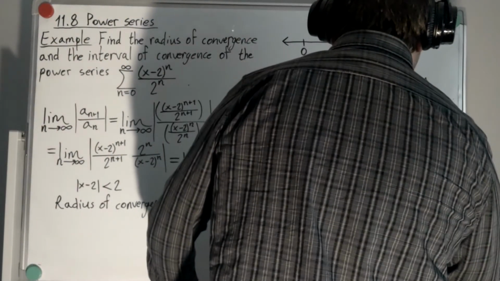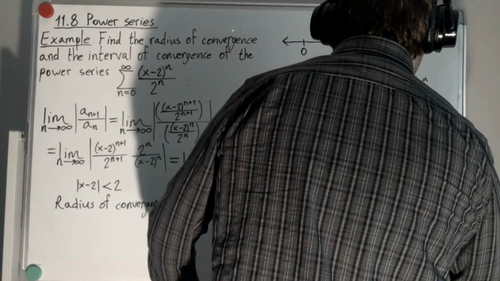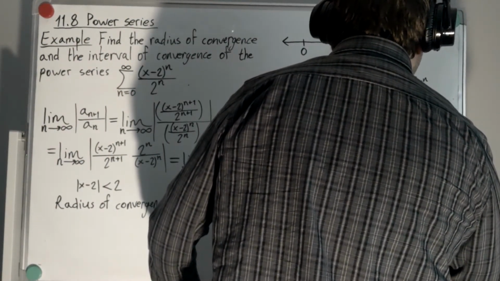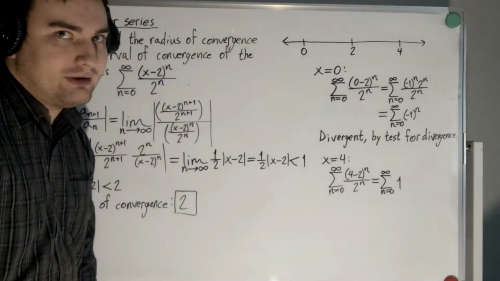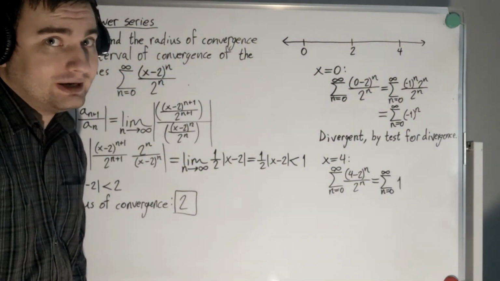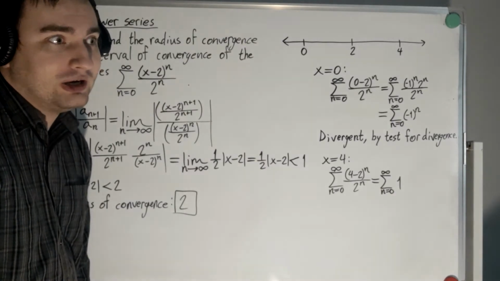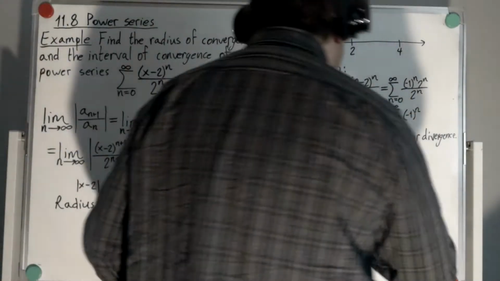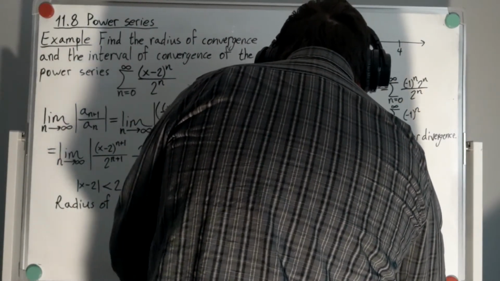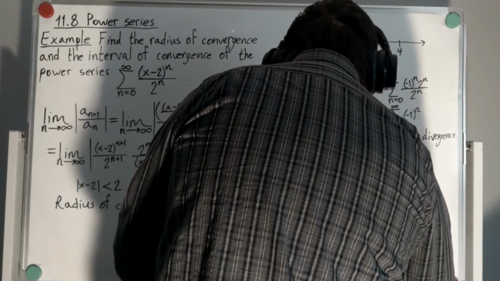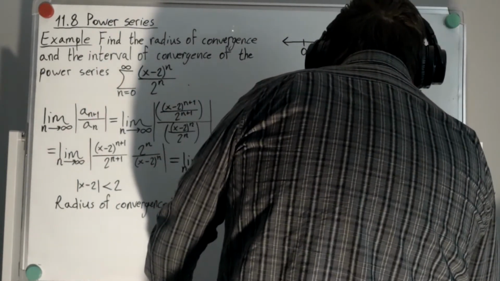So this is just the sum from n equals 0 to infinity of 1. And again, the test for divergence indicates that that is divergent because I'm pretty sure 1 is not 0. So, divergent by the test for divergence.